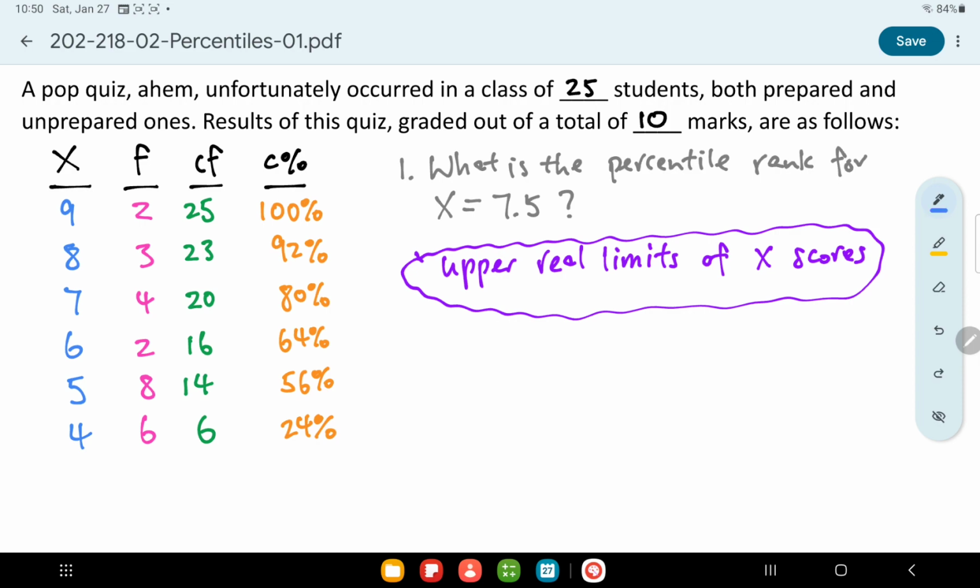This is what every specific cumulative percentage refers to.